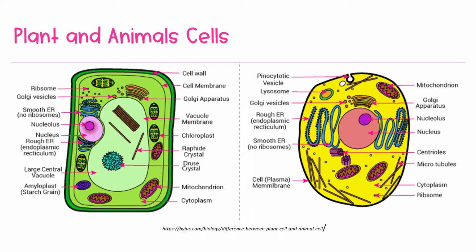For example, both contain a nucleus, which is involved in storing the cell's genetic information, this is DNA, but also coordinates and controls cellular activities. Think of it as the brain of the cell. Other similar organelles include the mitochondria, ribosomes, cellular membrane, endoplasmic reticulum, and the Golgi body or Golgi apparatus.